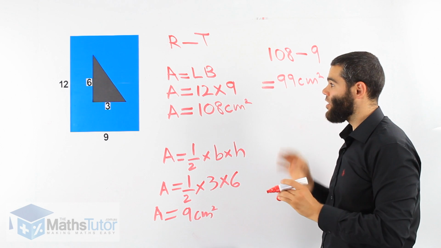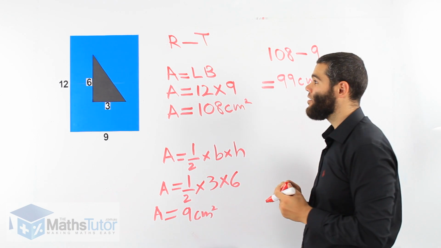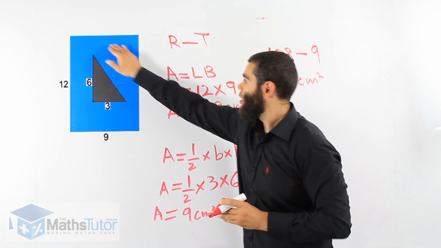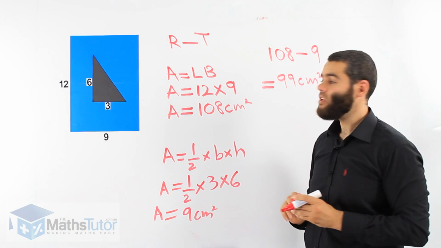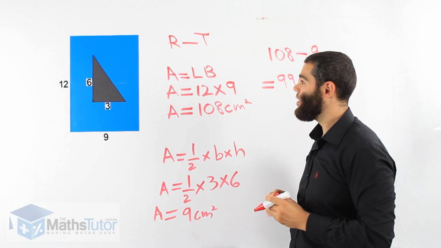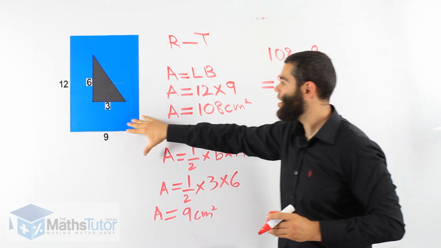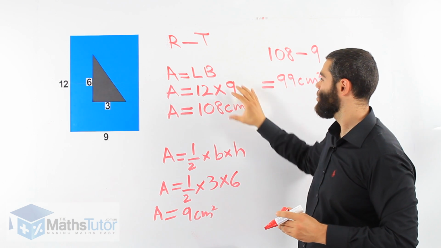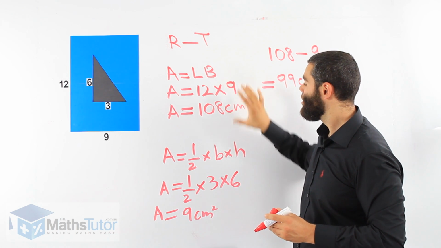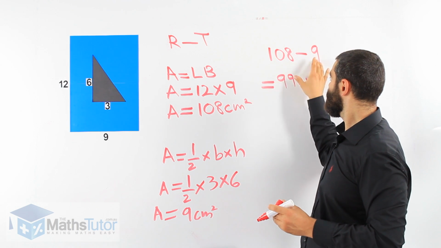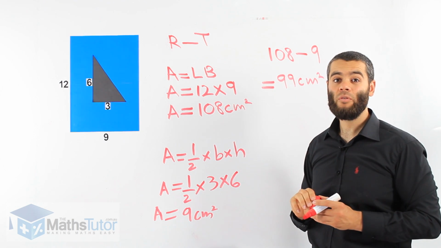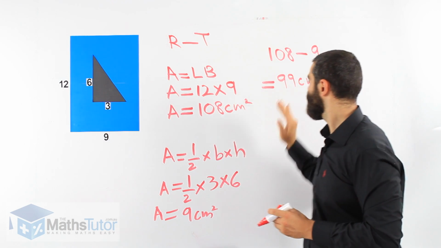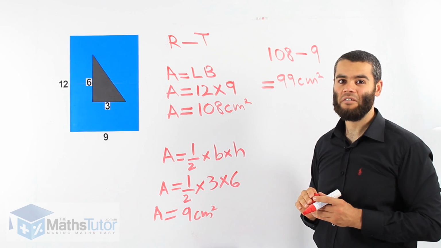So here the question asks, find the shaded area of the blue section. We notice we have a rectangle. Take away the triangle. That's what we did. We worked out the area of the rectangle, the area of the triangle. We took the triangle away from the rectangle, and we found the blue shaded area is 99 centimeters squared.